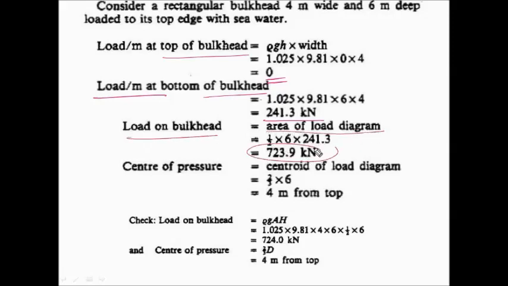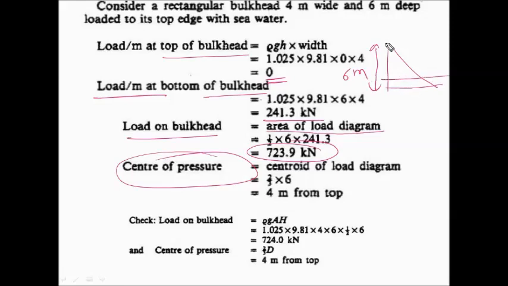Now what is the center of pressure? By using the load diagram, it will be the centroid of the triangle. The depth of the load diagram was 6 meter, and from the free surface to the centroid the distance is 2d by 3, that is 2 into 6 by 3. It will be 4 meter from the top.